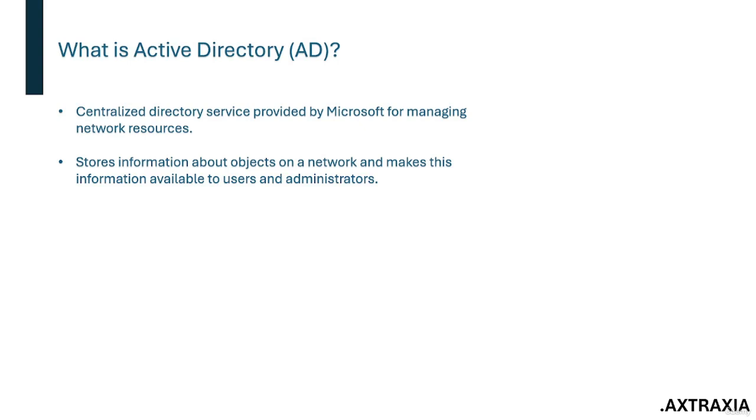So this one in particular would be focusing more on users and computers and network services, how these users and computers can talk to each other from a high level point of view. It also stores information about objects on a network and also makes this information available to users and administrators. So just keep that in mind.